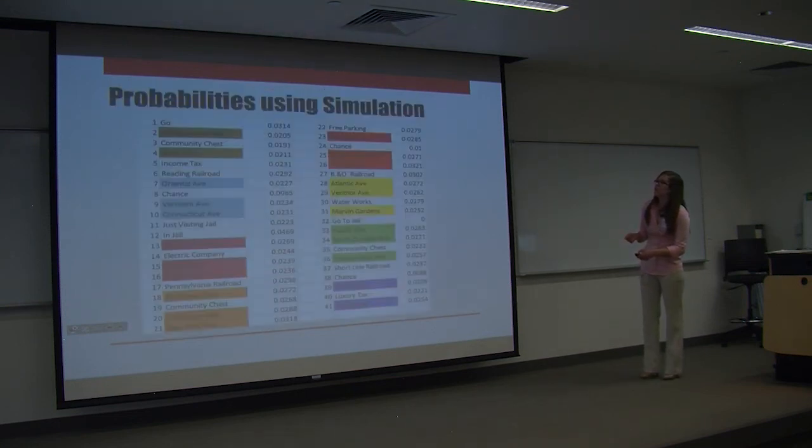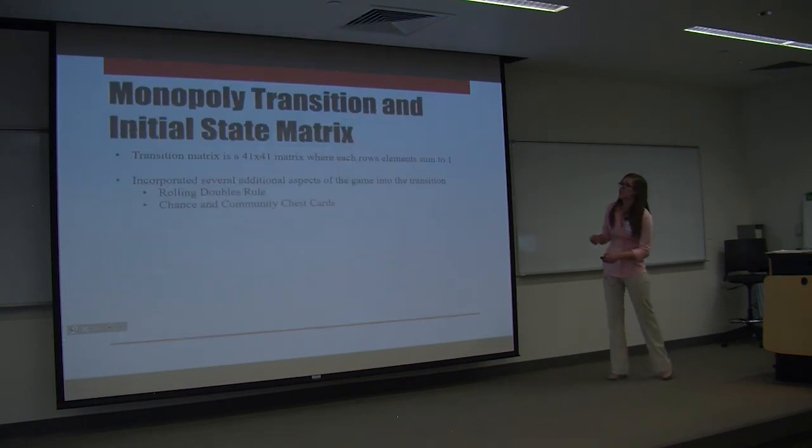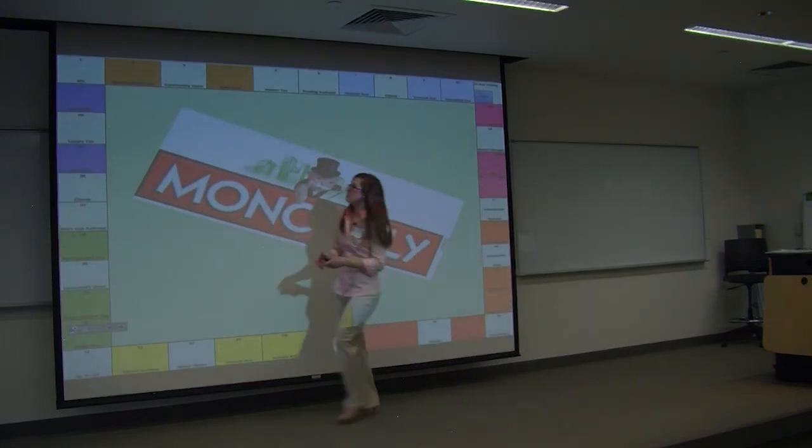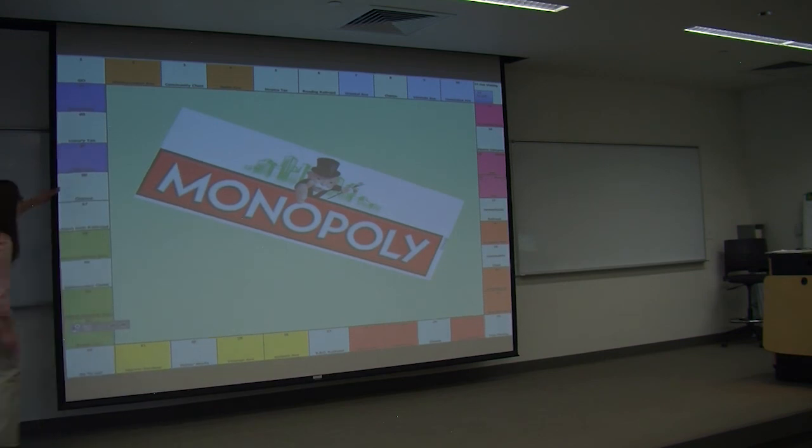So if this one is occurring right here, we have this chance, and if you're at this chance, there is a very, very small probability that you could draw a go back 3 spaces card, which will then send you down to community chest.